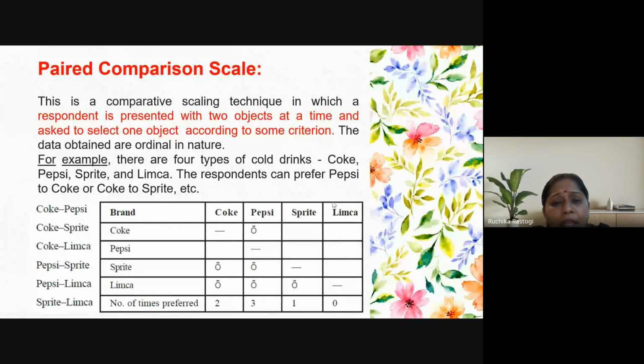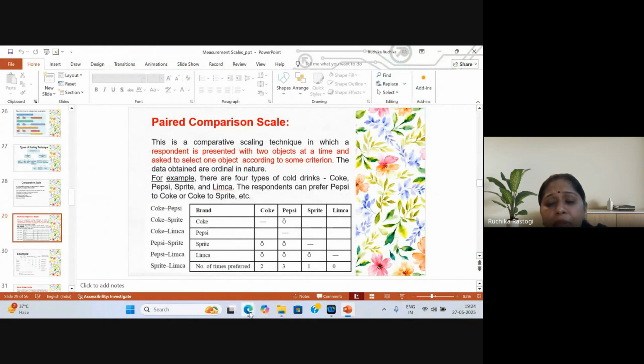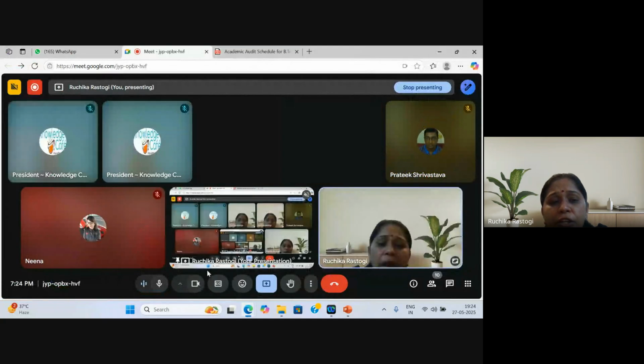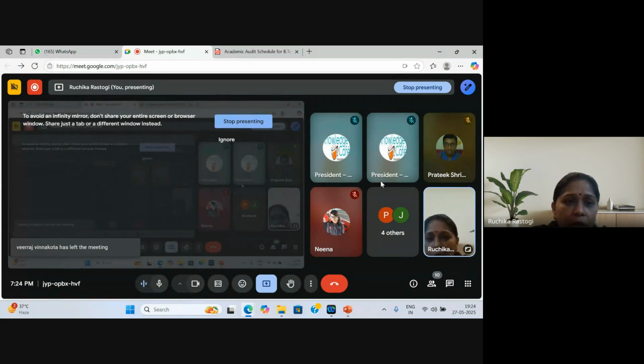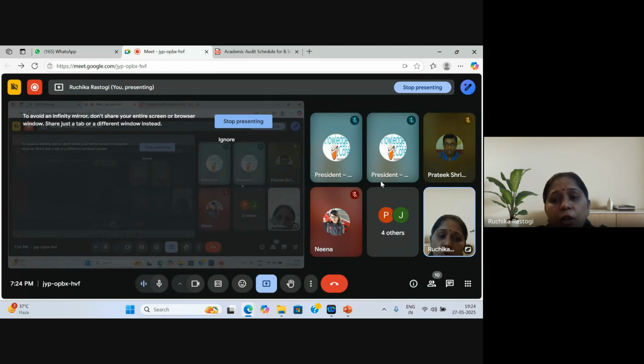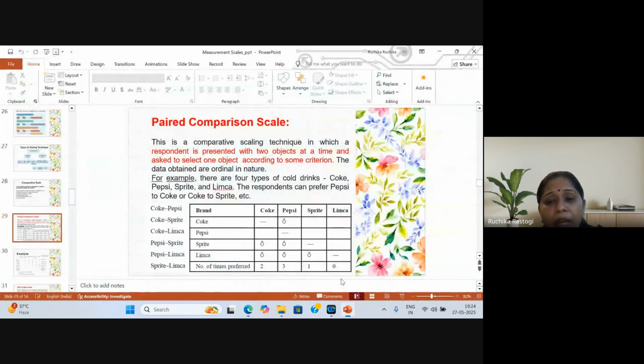It's not necessary all the time that whenever a comparison is to be made, you will be taking the Likert scale. It's very subjective to the question or to the objective of your complete research, that sometimes by taking these kinds of small scales, you can even justify your research.